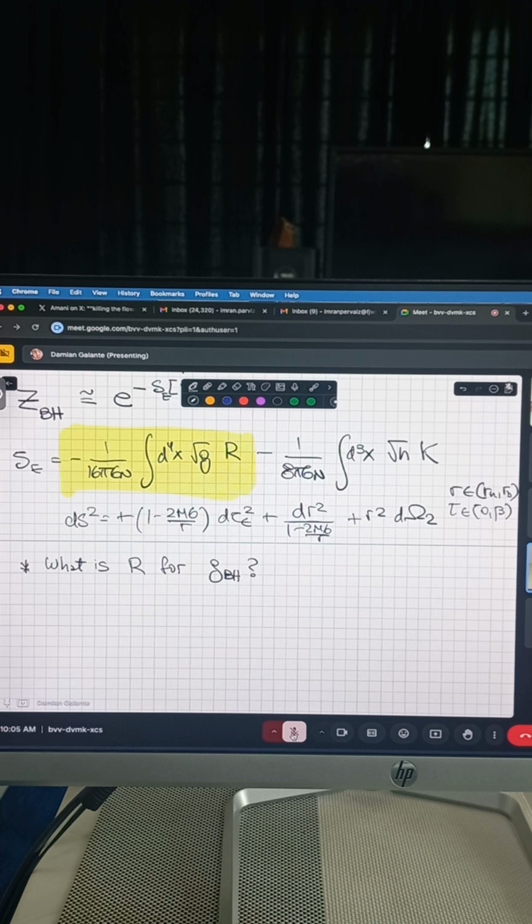There is no matter, right? There's no matter. 0. R for the black hole metric is equal to 0 because the black hole metric satisfies the Einstein equation. So the term in yellow has to be 0.